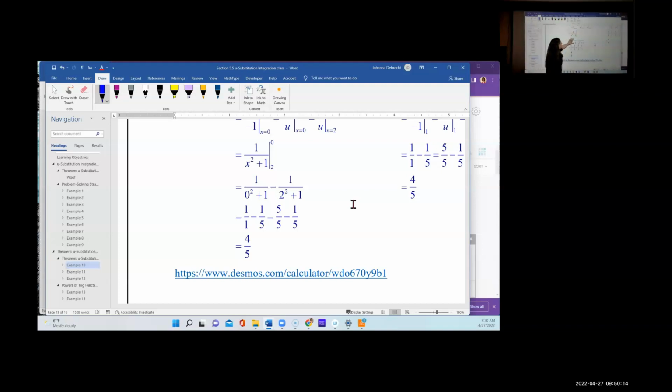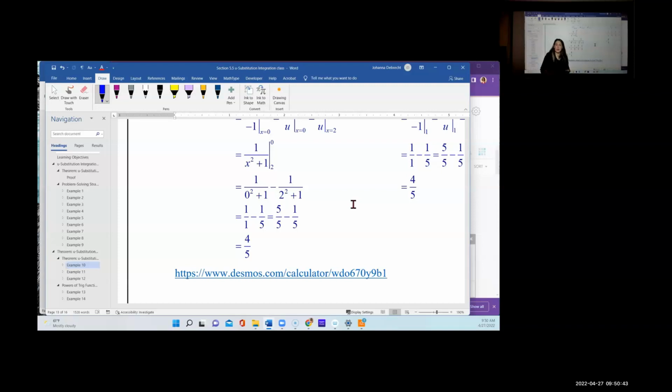From what we did in the beginning, from the 1 over x squared plus 1 between 2 and 0, that's where the real difference starts from the indefinite integral to the definite integral, because now we have to plug in the limits of integration. All right. The rest of it is ultimately just basically finding the antiderivative function and switching back to the original variable.